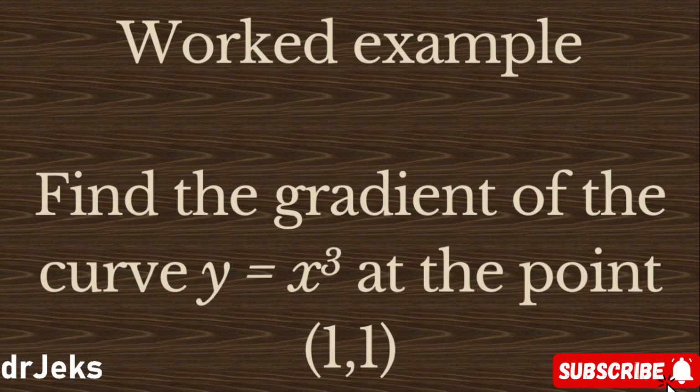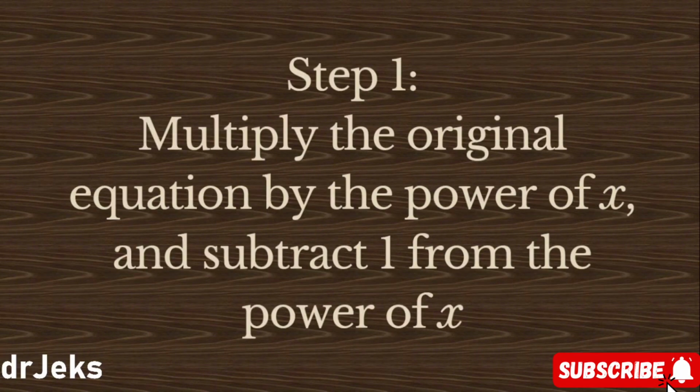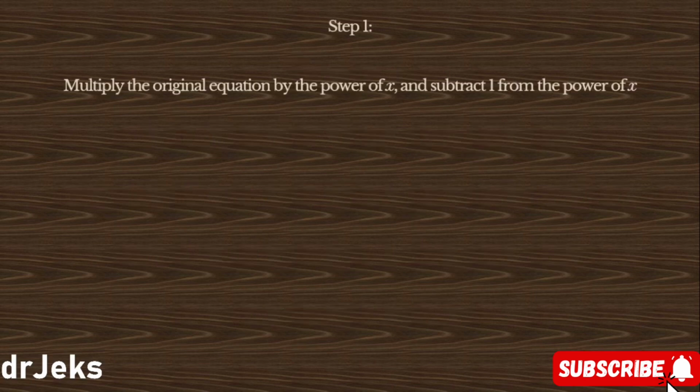The question may say, find the gradient of the curve y is equal to x cubed at the point 1, 1. In order to do this, we must follow two simple steps. Firstly, multiply the original equation by the power of x and subtract 1 from the power of x, like we did in the first lesson.